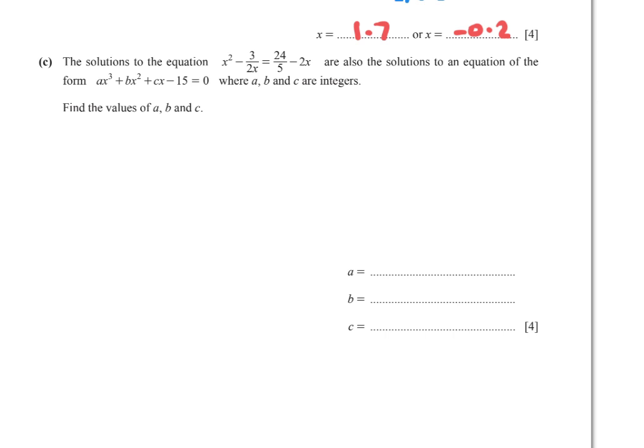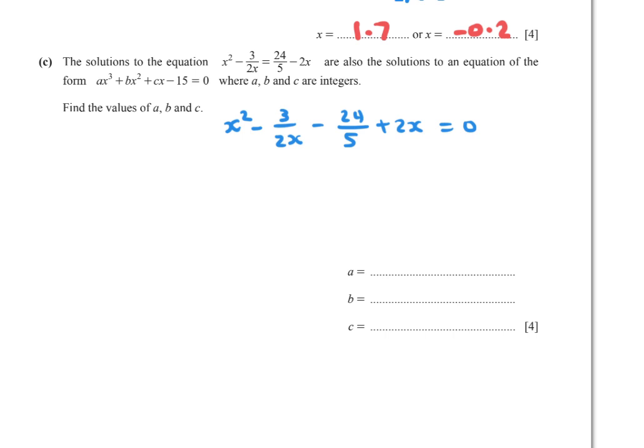So we need to convert this equation to that one, then we can deduce a, b, and c. To write this equation in that form, put all of them on one side. You have x power 2 minus 3 over 2x minus 24 over 5 plus 2x equals 0.